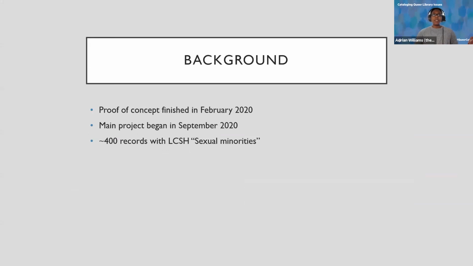This project to add Homosaurus terms to our LGBTQ+ library materials began as a proof of concept in January of 2020. After this proof of concept proved successful, the main project began in September 2020. This main phase started with pulling a report of the unsuppressed bibliographic records we have with the Library of Congress subject heading Sexual minorities.